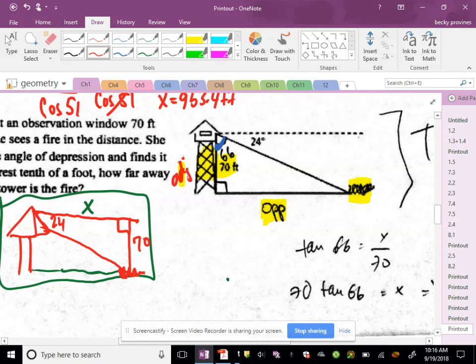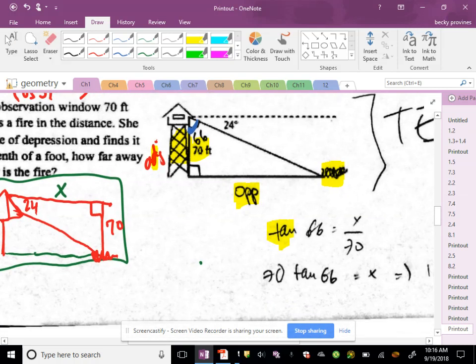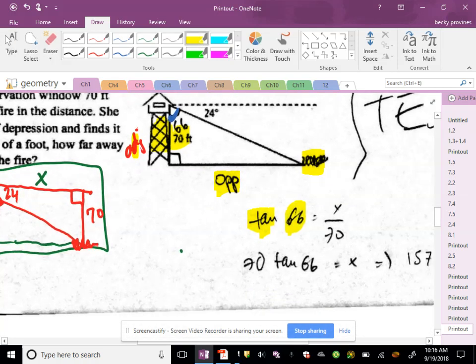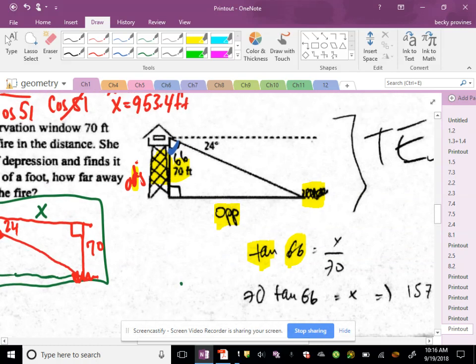So opposite and adjacent is tangent. So I'm using 66 degrees. And so my opposite side, this is the side I need to find, right? So it is an unknown. This is x. What is your adjacent side? That is 70. Okay, so let's put the tangent 66 over 1 and cross multiply.